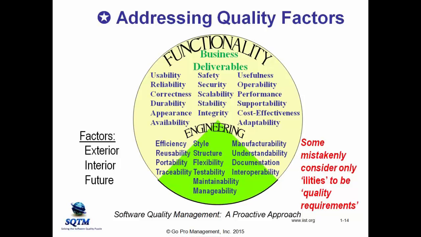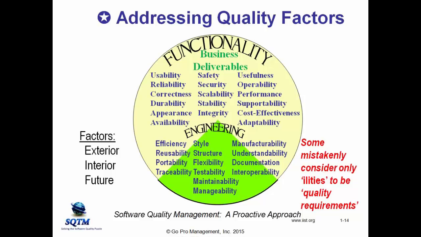And the ones at the top tend to be what are called exterior factors. Exterior factors are primarily visible to and of concern with the user. The ones at the bottom are interior or engineering factors. They tend to be more of concern to the engineering side.